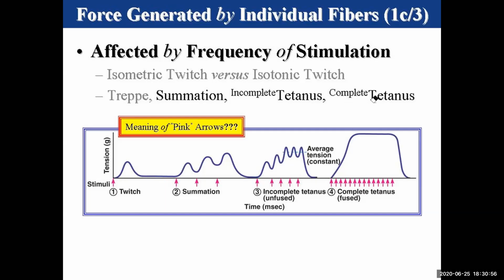And then complete tetanus means the stimulation is so close in time that the contractions basically become fused into one continuous contraction. And this is what gives rise to smooth body movements.